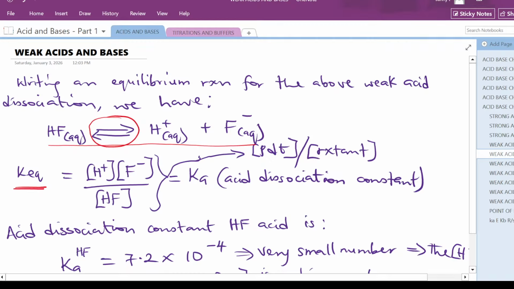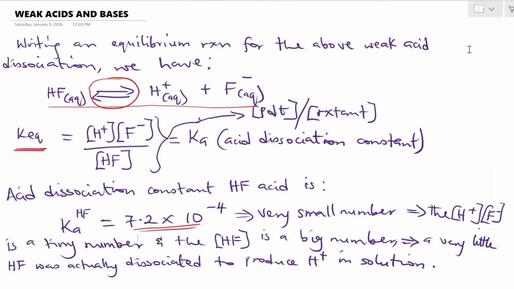Alright, so when you have the equilibrium constant reaction, what you now have is your H plus and what? F minus. Now for H plus and F minus, you have your hydrogen fluoride, which gives you your acid dissociation constant. Okay, now the acid dissociation constant for hydrogen fluoride is 7.2 times 10 raised to power minus 4. Remember, I told you that these constant values will always be given to you.